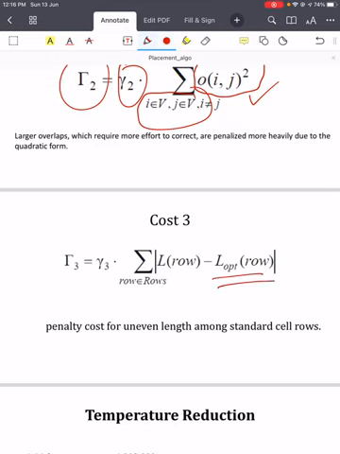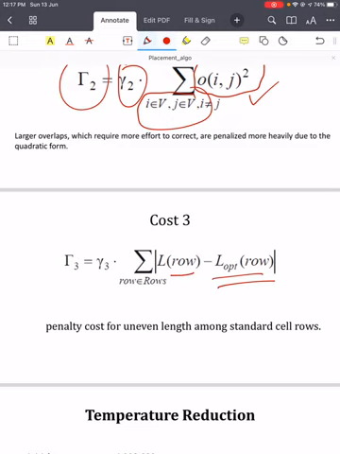That is, what would be my optimal length for a row, and that depends on the size of the chip you are going to use, the total silicon area, and also on your design. So you predefine this L optimal of a row in the algorithm. Gamma 3 represents the cost of all row lengths that deviate from the predefined optimum length during the placement.